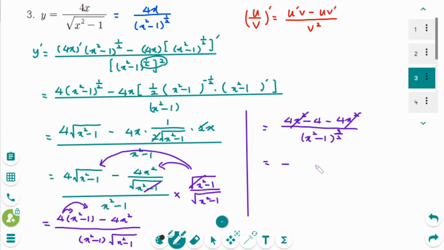Final answer is minus 4 over (x squared minus 1) to the power of 3 over 2.